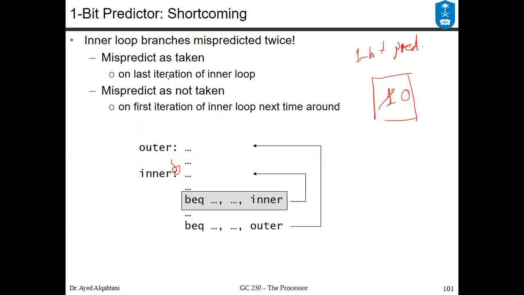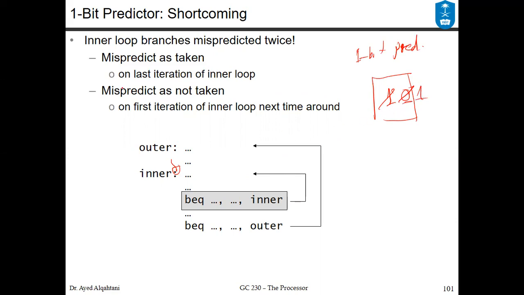That's the first misprediction. Now, after you go to the outer loop and go back again, you will mispredict it as not taken, because now the history says 0, which is not taken. But when you go in the inner loop, it's actually taken. So this is also a misprediction, and you will change it to 1 again.